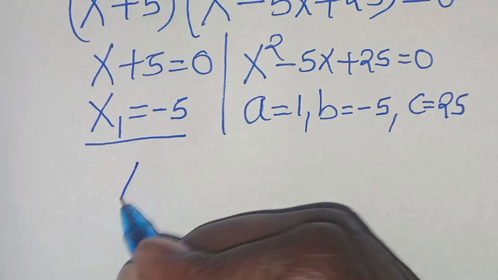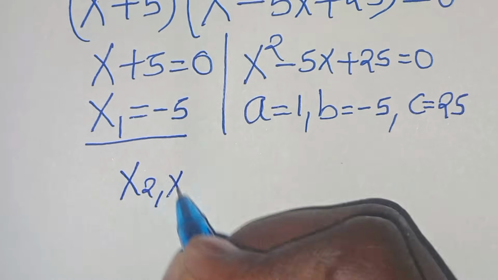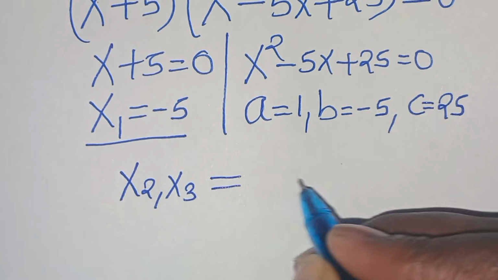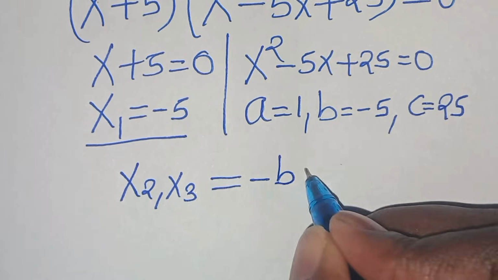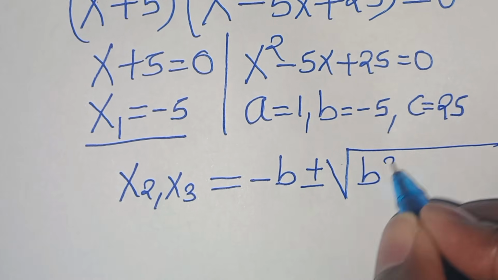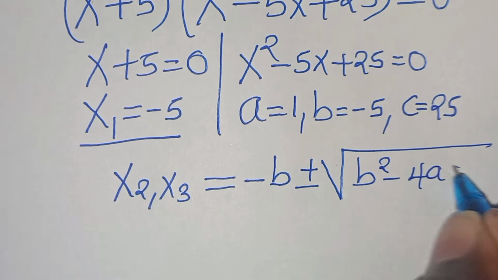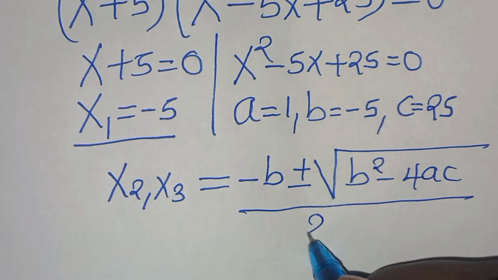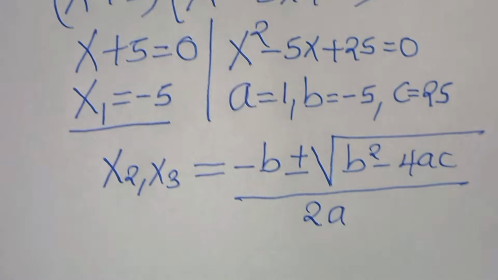So we can solve for x2 and x3 by applying the formula minus b plus or minus the square root of b squared minus 4ac, everything divided by 2 times a.